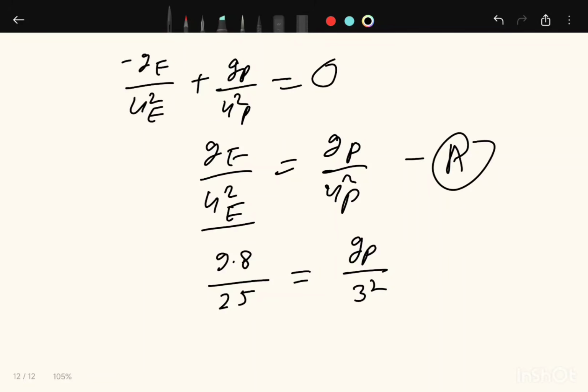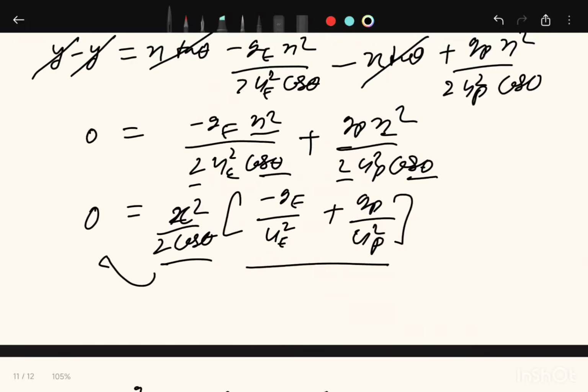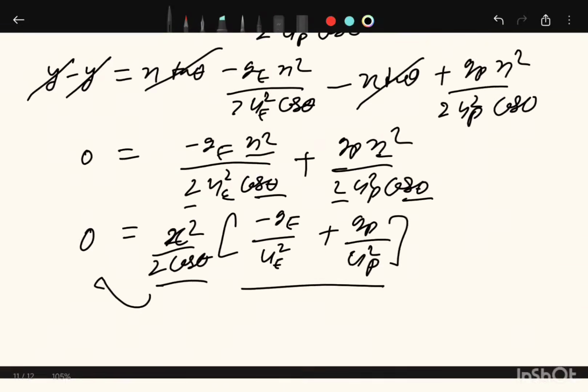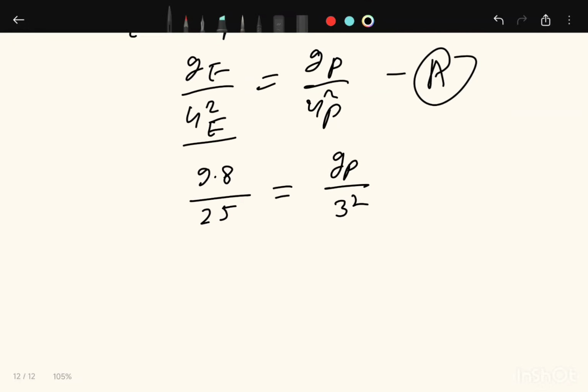We are given the g value as 9.8 in the question, okay. So Gp will be 9.8 multiplied by 9 and divided by 25, right?